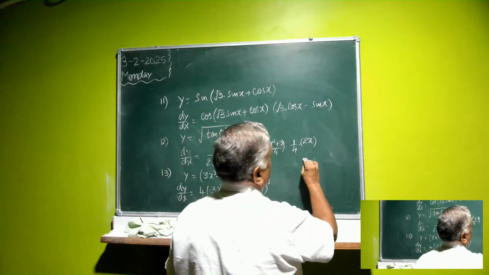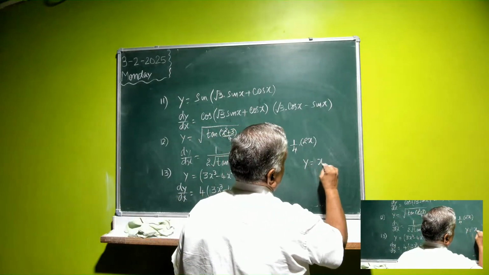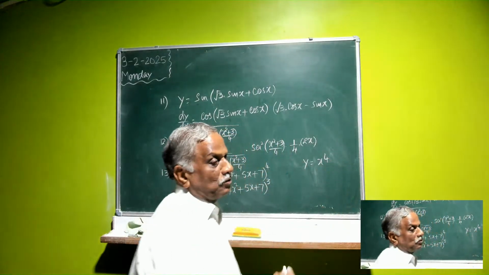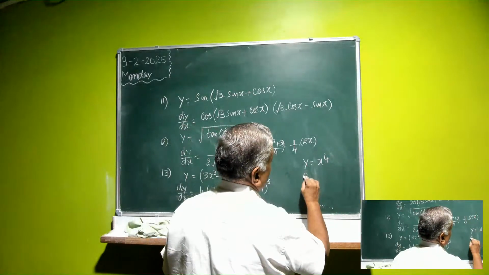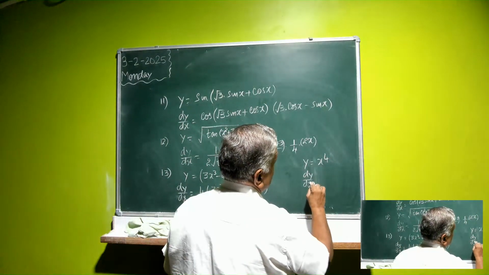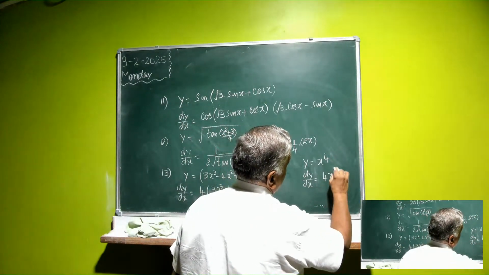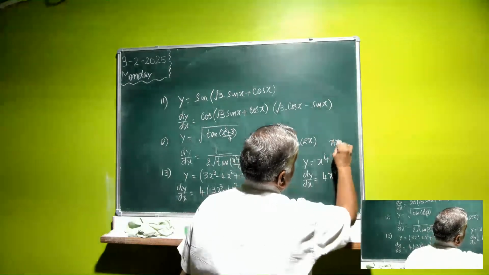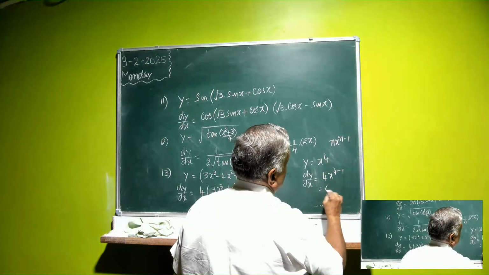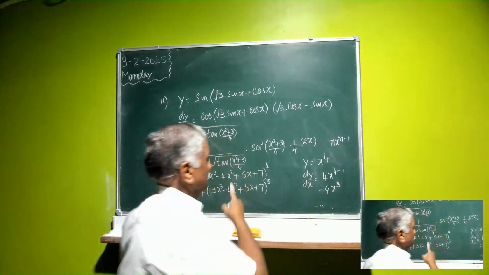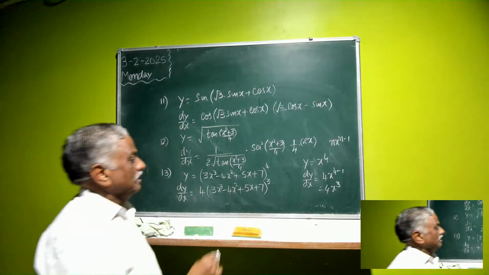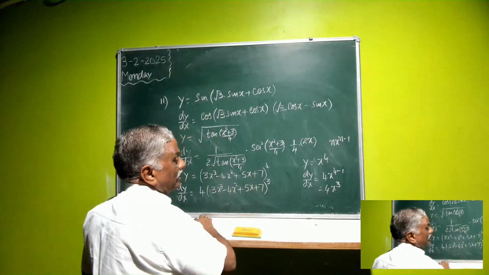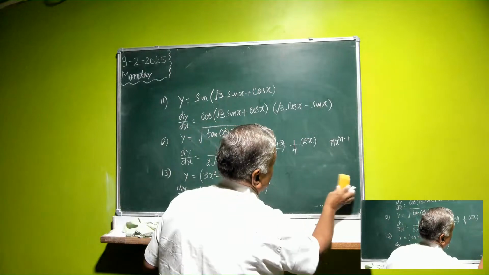I am recalling and using the formula. If y is x to the power of 4, then dy by dx is 4x to the power of 4 minus 1, nx to the power of n minus 1, that is 4x cube. After that, I should enter inside and differentiate the terms inside the bracket.